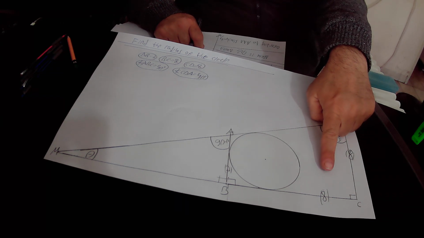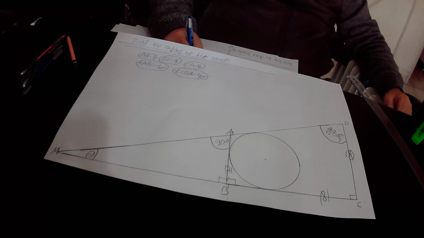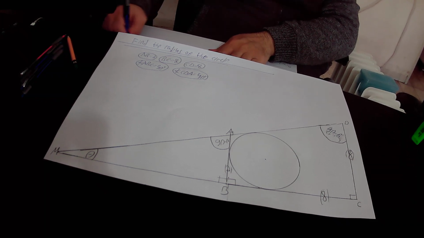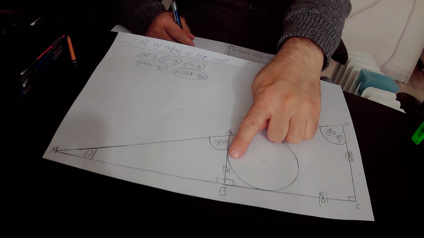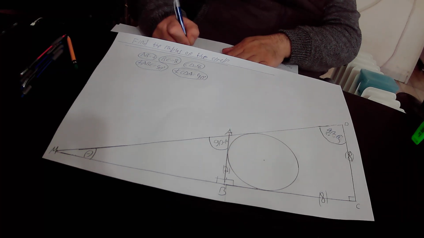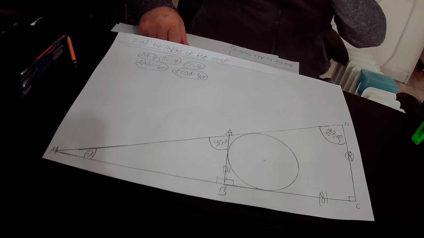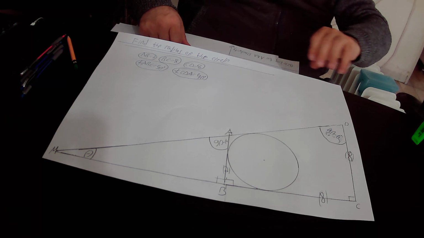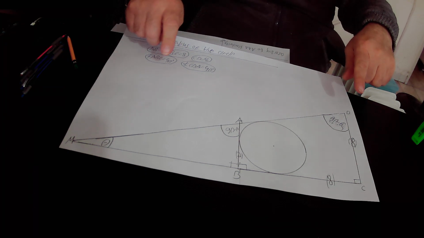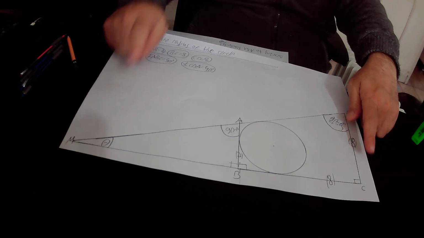DC equals 8 units in length over AB. AB equals 2 units in length, and it equals CM over BM.